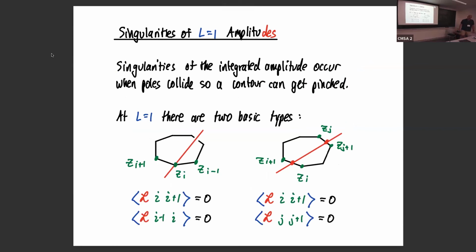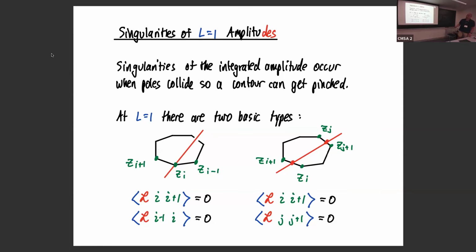Singularities of the integrated amplitude are forced to occur when poles collide so that you can't deform the contour. The contour is pinched. At one loop, there are two basic types of such pinchings. So these are both codimension 2 boundaries. Either you can reach a codimension 2 boundary of the loop amplituhedron where your line actually passes through one of the points.